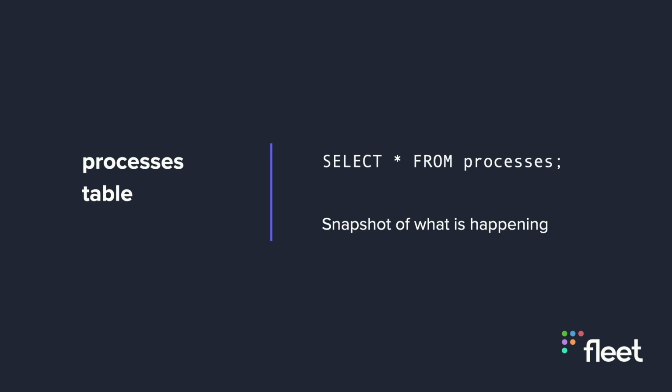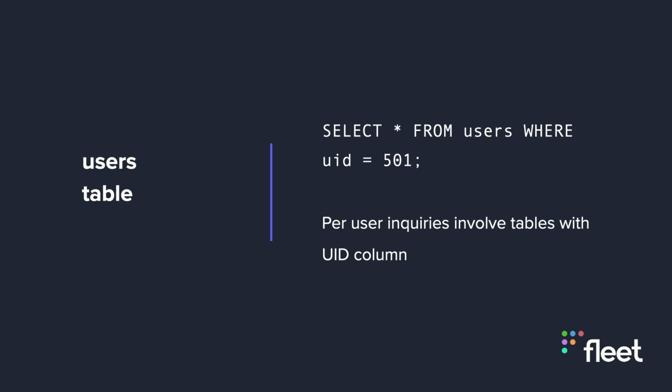The users table helps you answer questions that are per-user. You use the UID generally to connect this to other things like the processes table. Anybody know who UID 501 is?